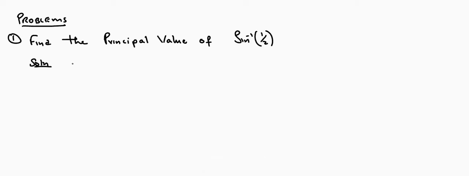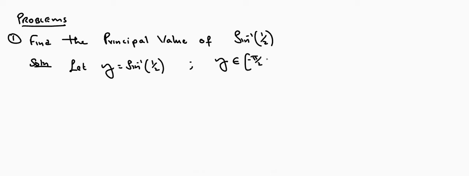Solution. Let y is equal to sin inverse of 1 by 2. The principal value branch of sin inverse x has range minus pi by 2 to pi by 2.